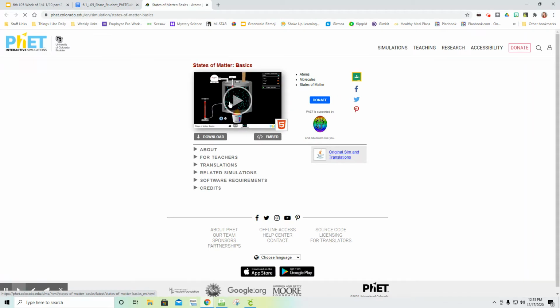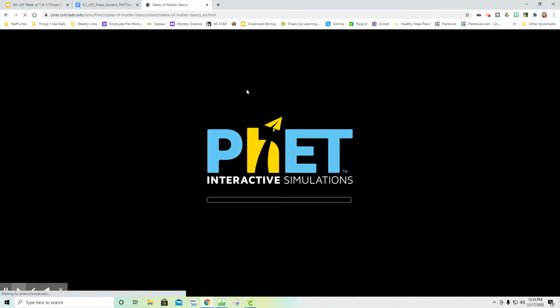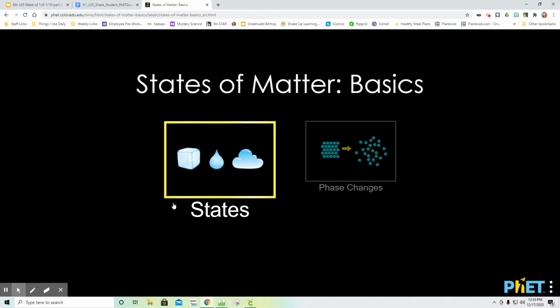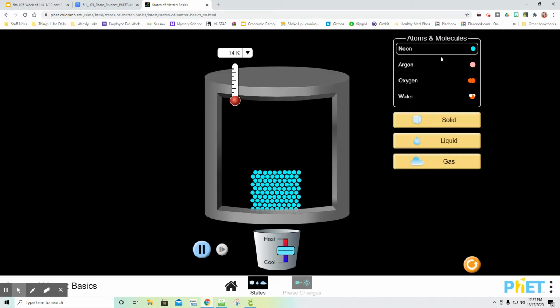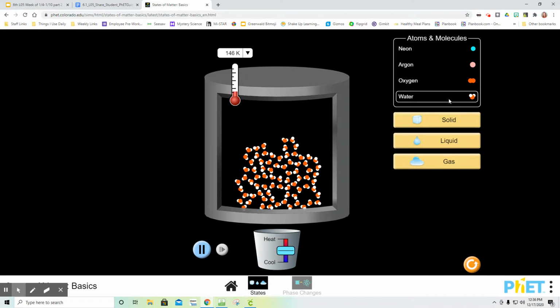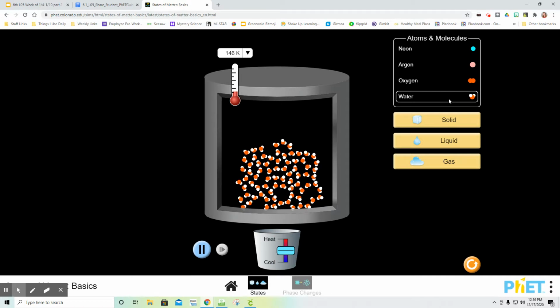Once you get it started, it says to select the states button, and under atoms and molecules, select water. It says investigate state changes adding thermal energy.